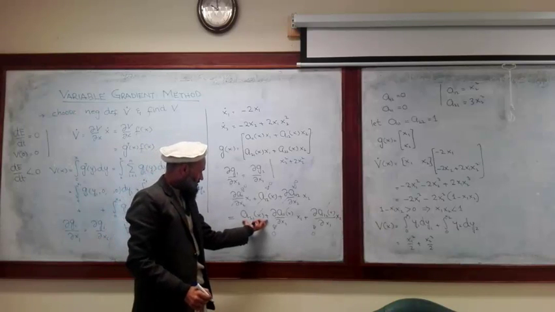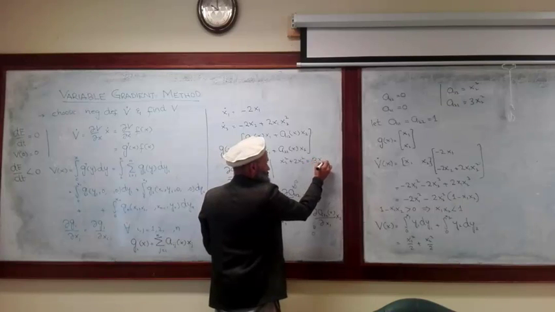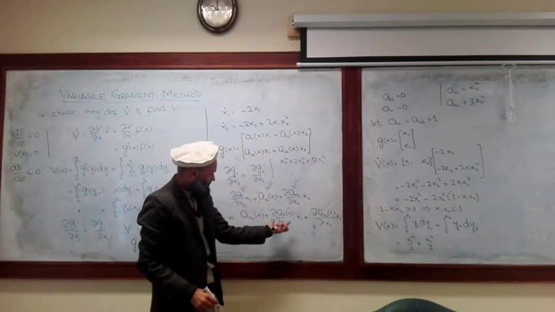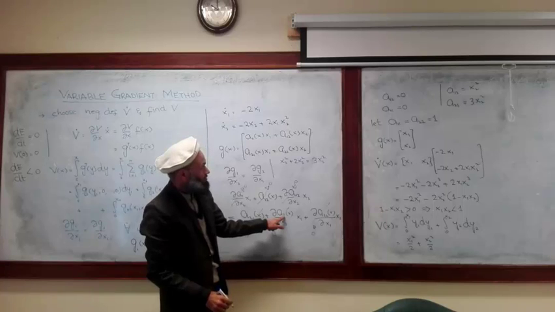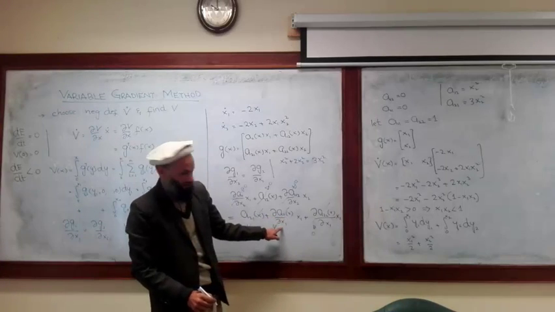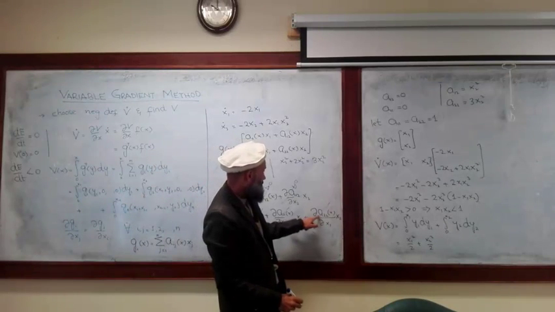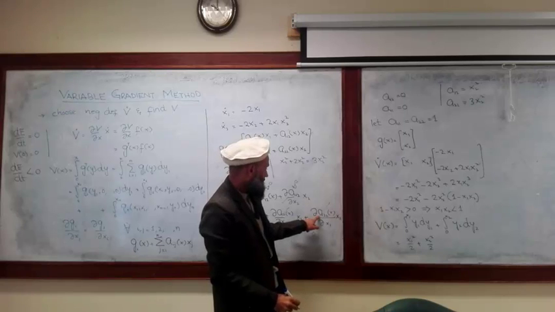Right hand side, A21 of x, what is that? 3x2 square, and then its derivative with respect to x1 is 0, and what about this term? A22 is 1.